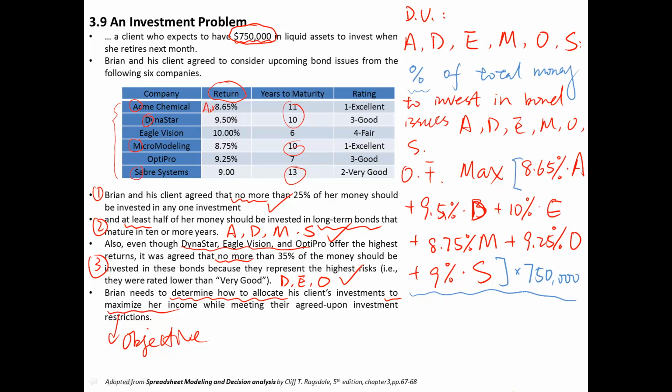But this is the preferred way to write this objective function, because when the problem is solved, the objective function value gives us a meaningful result, which is the total amount of income we get from this investment. Okay, so that's the objective function.